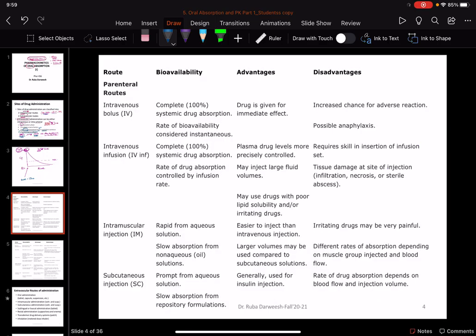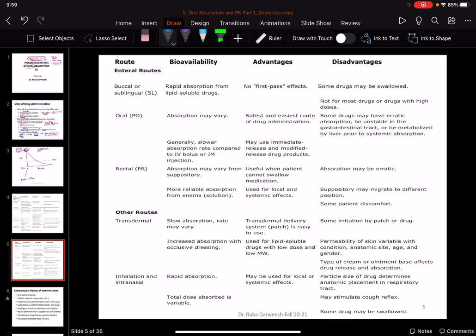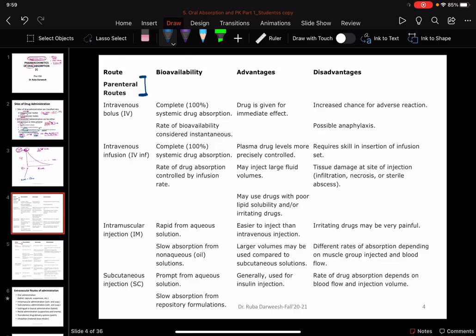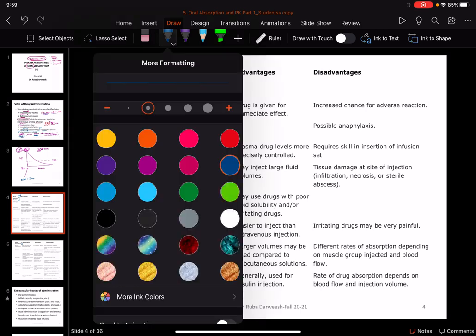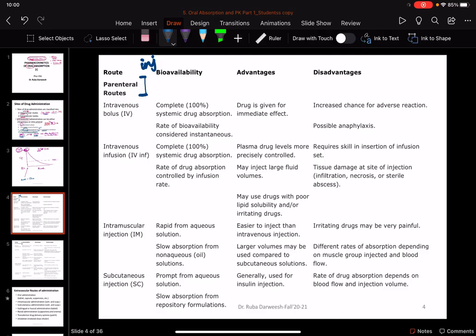When we are talking about different routes, we could have either parenteral routes of administration or enteral routes of administration. Parenteral means anything that is related to injections. Examples of parenteral routes are IV bolus, IV infusion, IM, and sub-Q.